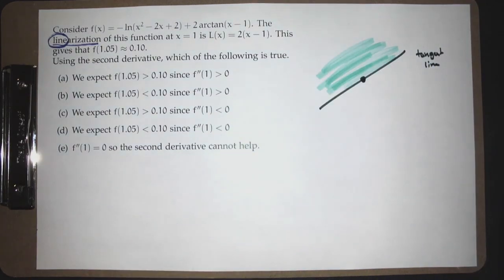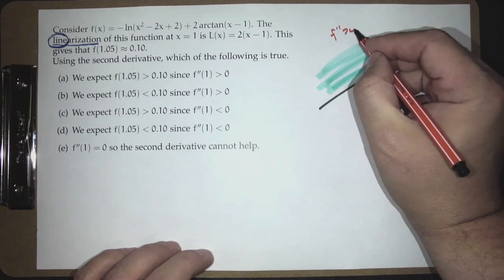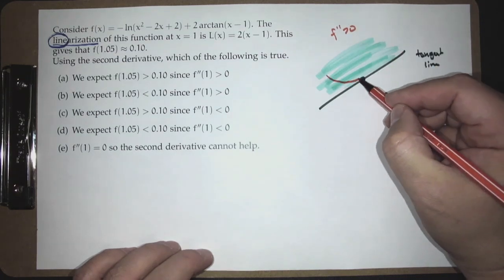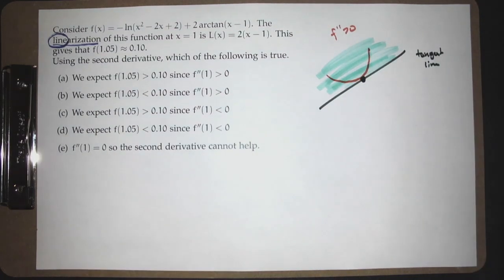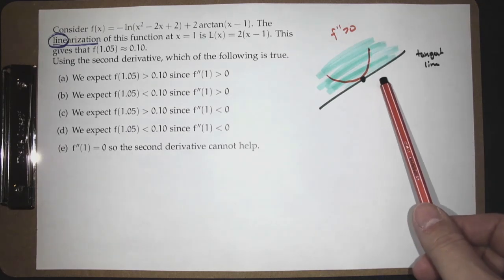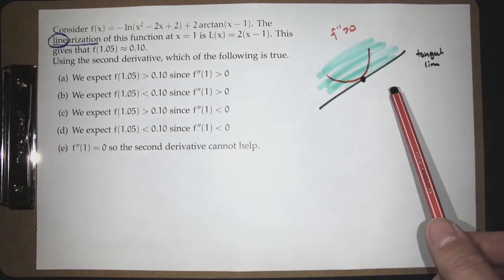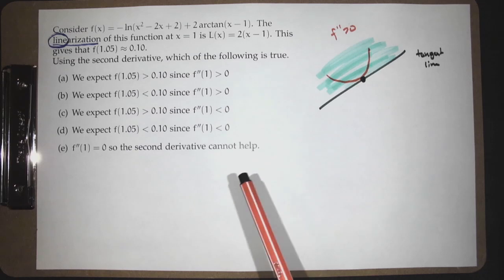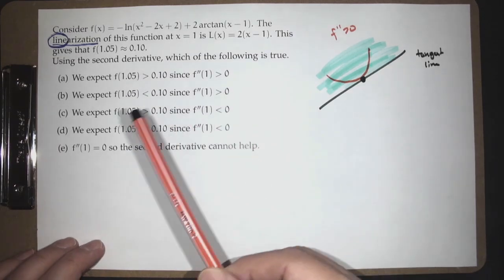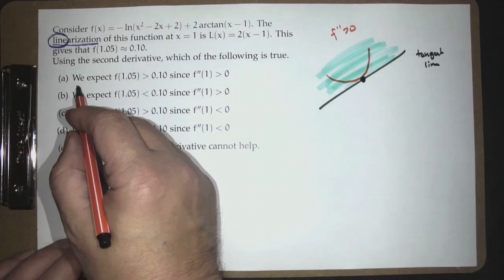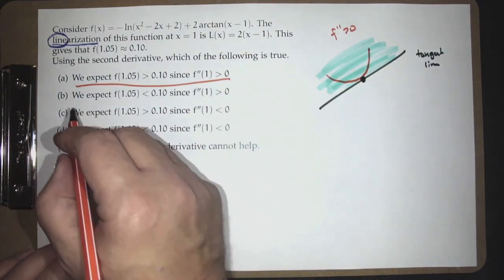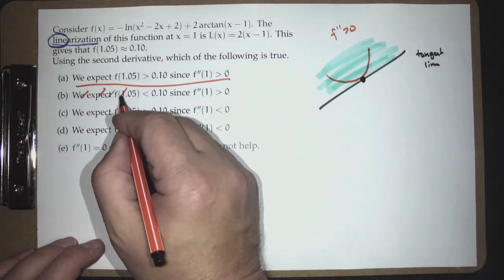Okay, so if our second derivative were to be positive, our curve would look like this. So if our second derivative is positive, are we above or below our estimate? Above. So if our second derivative is positive, then we would have to be above our estimate. So B is out.